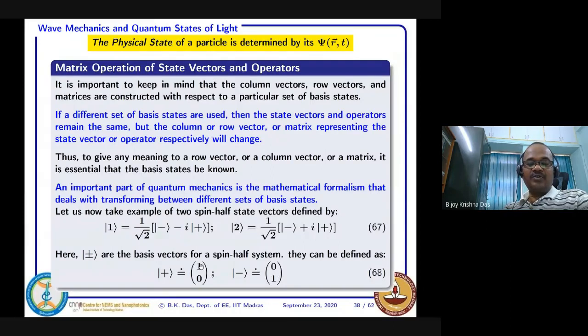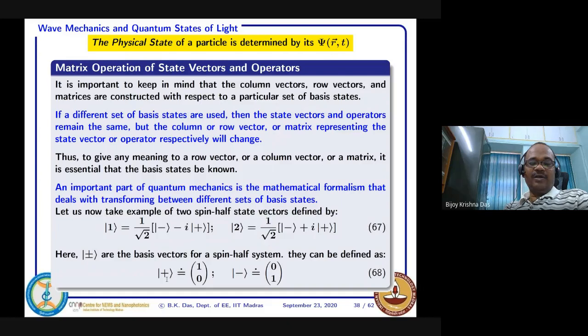That means the first one, I am not saying that it is the x-axis or the y-axis. We are just considering two basis vectors, because this is the spin vector space you can imagine here. It has two bases, so in a column vector you will have two components.